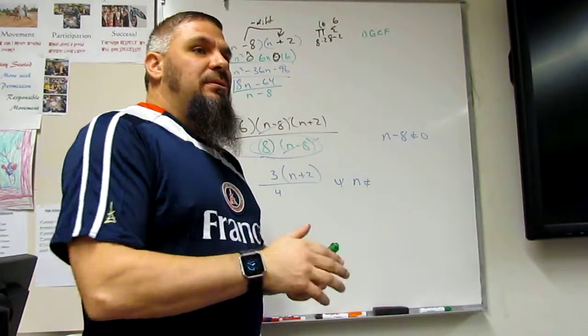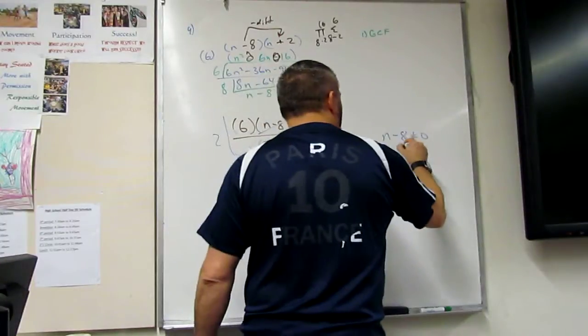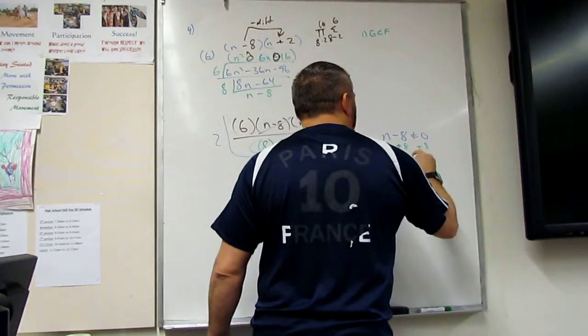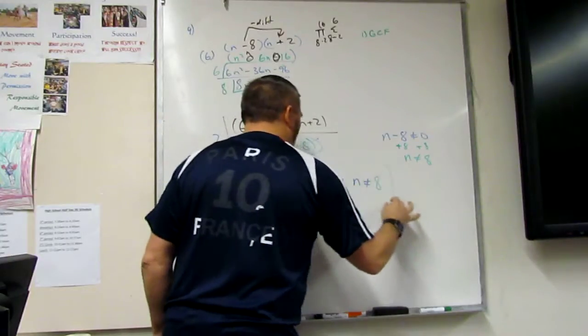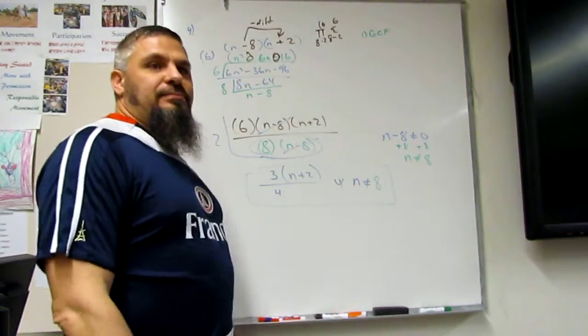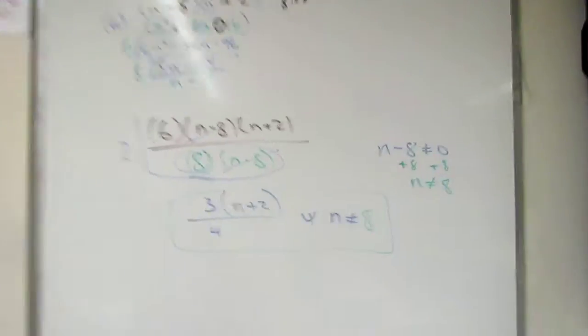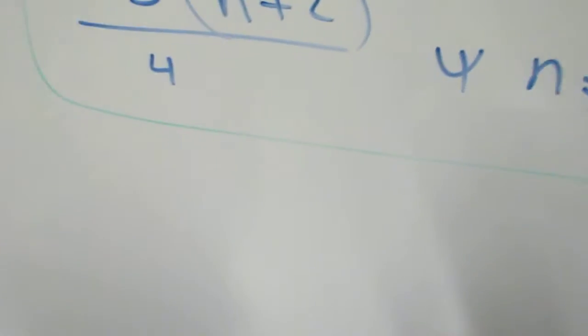So what do we do? Add 8. So n cannot be 8. That's it. See that right there? Yeah? No? Go for it.